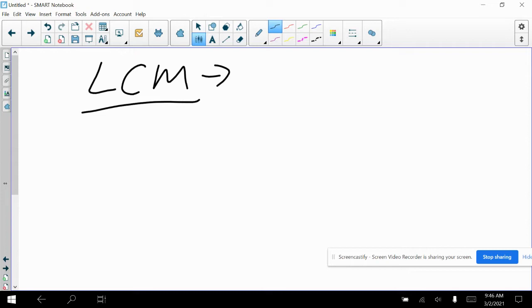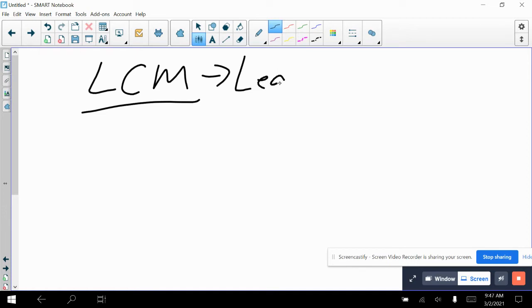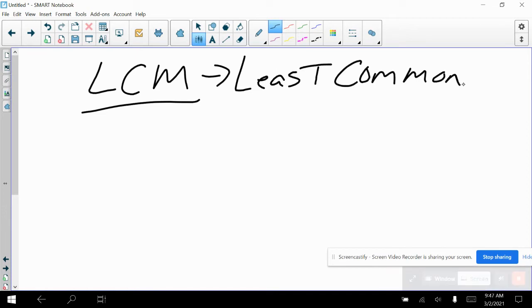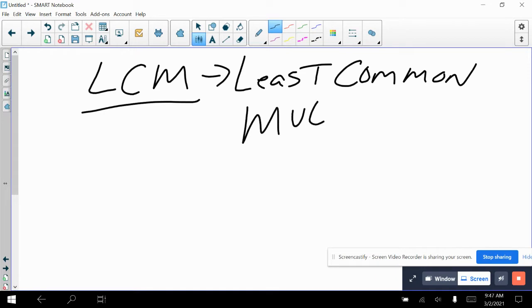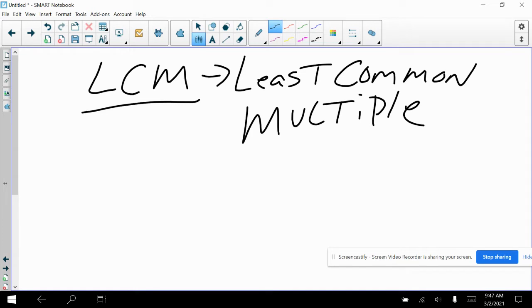All right, the LCM, what does it mean? Least common multiple. That is correct. Now, when we talked about the GCF, what kind of number was that?